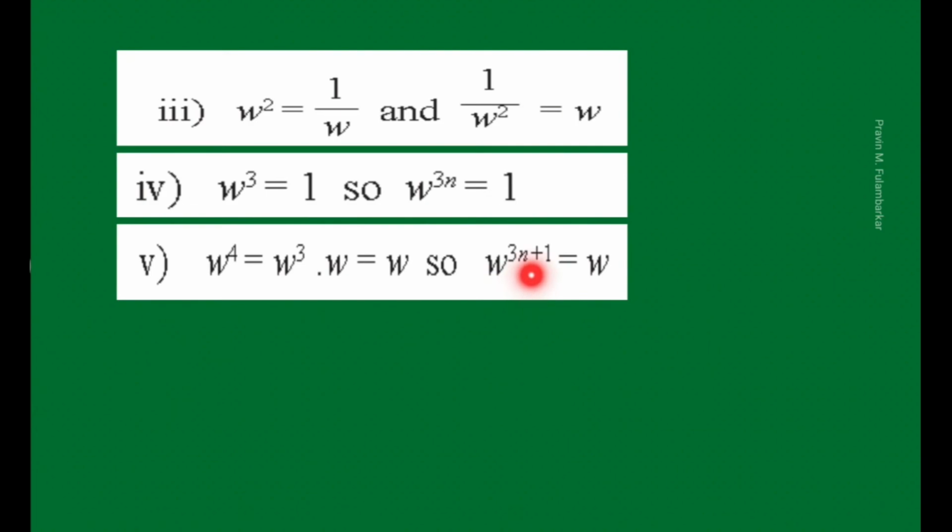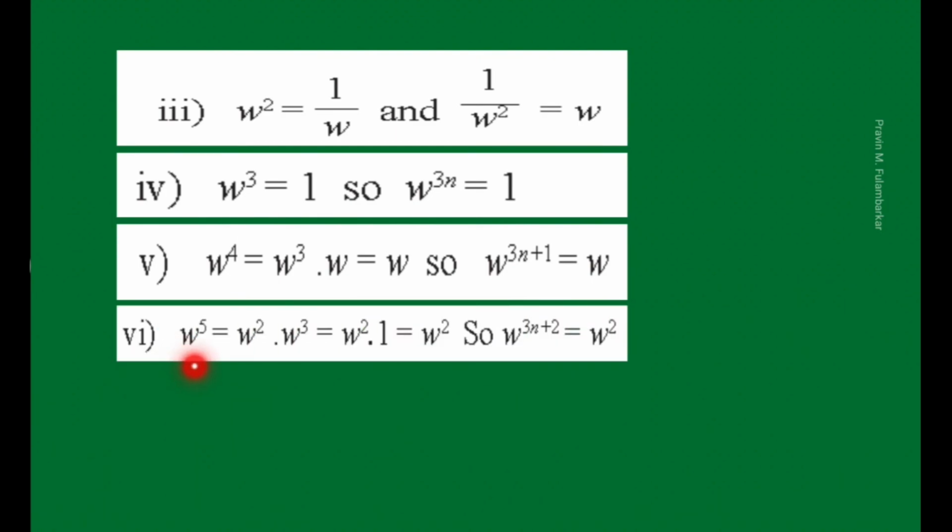So we use here the quotient remainder form. That means omega raised to the power 3n plus 1 can be written as omega raised to the power 3n times omega raised to the power 1, and omega raised to the power 3n we write 1. So 1 into omega raised to the power 1 we write omega. So you have to reduce power 4 to power 3.